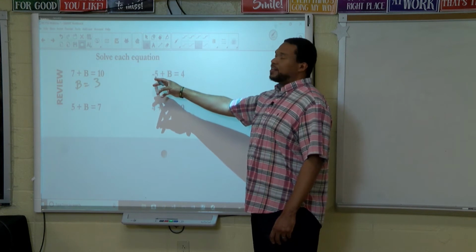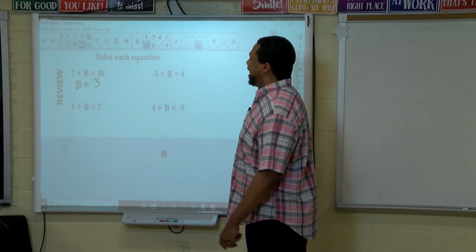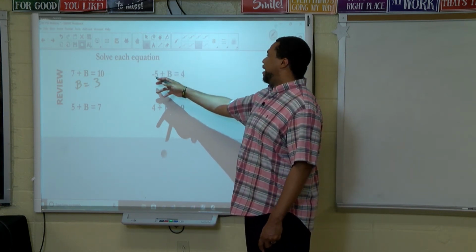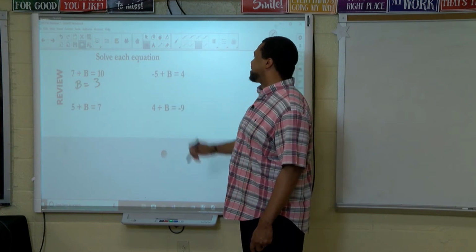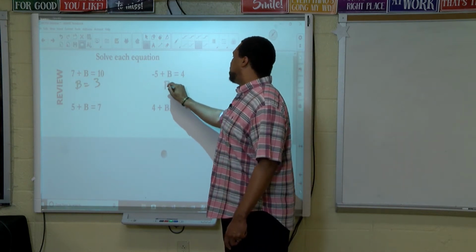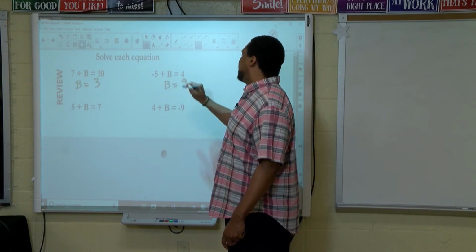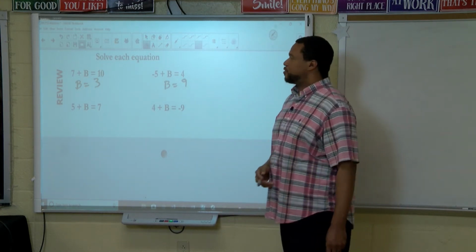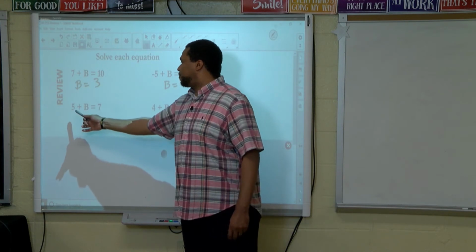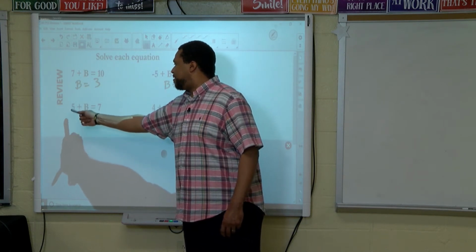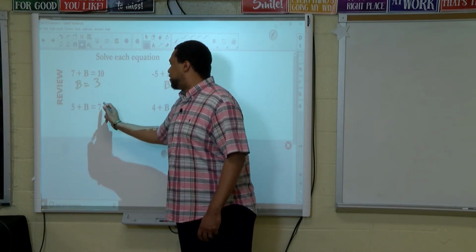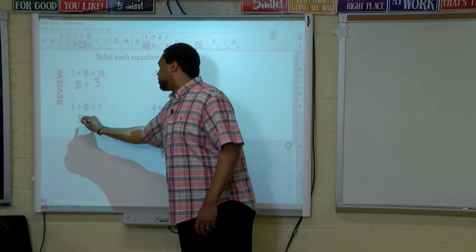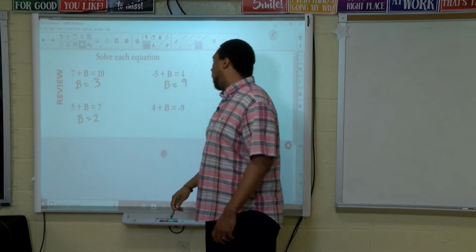The inverse of a negative 5, to get rid of a negative, you would need to add. So adding 5 to both sides, and b will equal 9. The inverse for this one here, subtract 5 because it's positive. 7 minus 5 is 2.